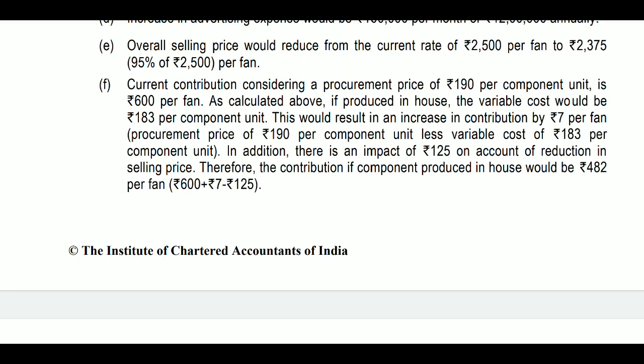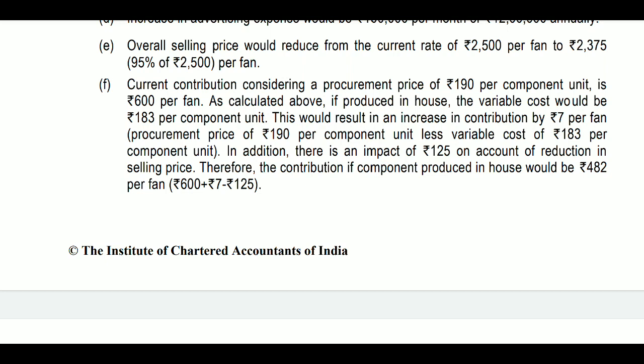The procurement price is 190 when purchased, but if you manufacture it yourself, it is 183 rupees, so there is a 7 rupees difference, and the contribution will increase by 7 rupees. So 600 plus 7 will increase it, but there will be a decrease in sale value of 125 rupees. So overall the contribution with the component produced in house would be 482 rupees.